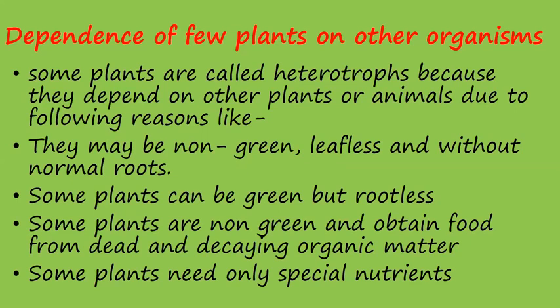And very interestingly, students, some plants are able to synthesize their food and can even obtain water and minerals with the help of their roots. But for some special nutrients like nitrogenous compounds, they obtain food from other sources such as by eating insects.